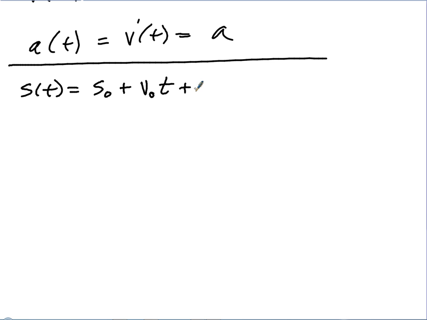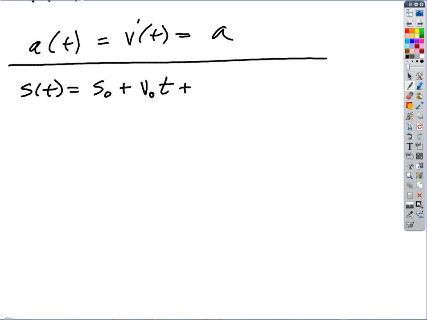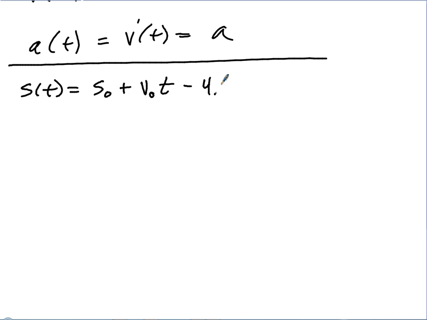It's actually negative 9.8, so I have to make this a negative. Why is it negative? Because it goes down, and we say the standard y direction is positive up. So minus one half of 9.8, which is 4.9 t squared.